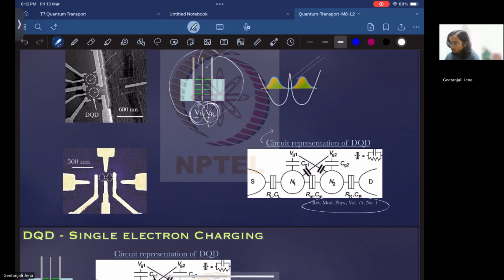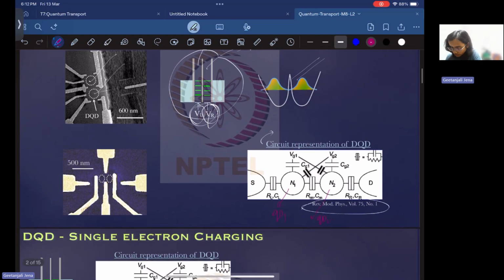This is quantum dot one and this is quantum dot two. Quantum dot one has n1 electrons, and quantum dot two has n2 electrons.